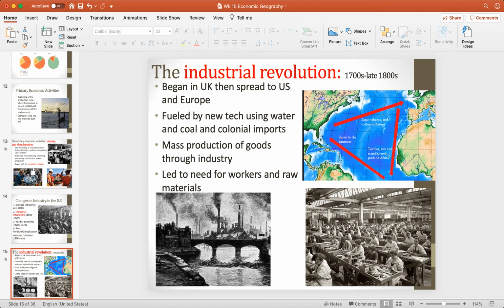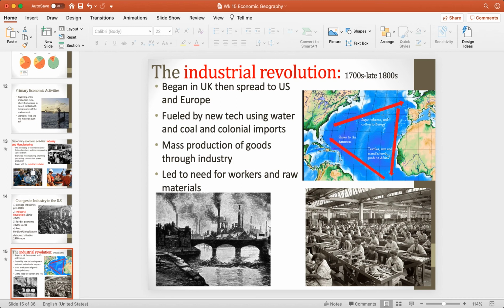Those people were put out of work, and then there were new jobs in the city. So we have mass urbanization of people moving from the country into cities looking for these jobs. There were plenty of primary sector materials because of colonialism, and those materials were gotten free, because they colonized in order to get the resources, and also through slave labor.